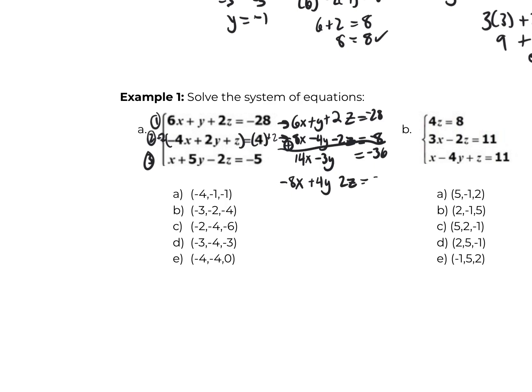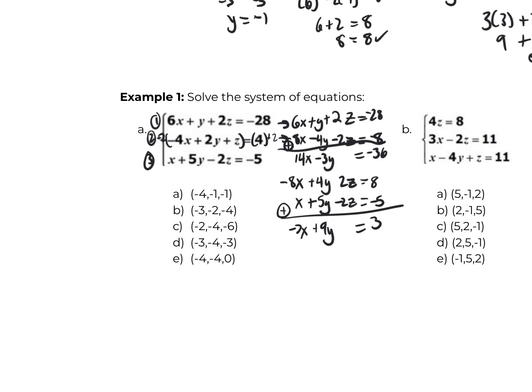Positive 2 times 4 is 8. And then I'm just going to bring down equation 3, x plus 5y minus 2z equals negative 5. Add those together, and that gives me negative 7x plus 9y equals 3. Those z's cancel out.